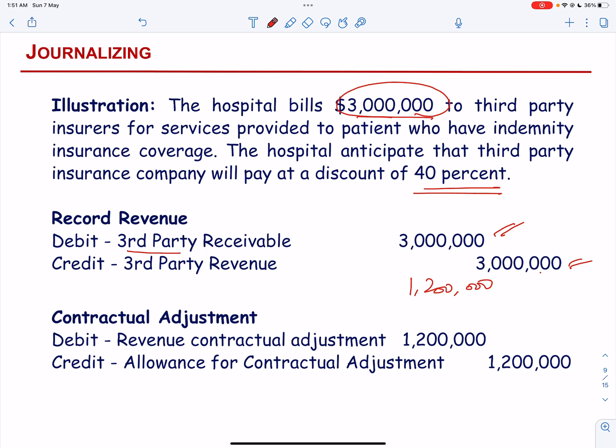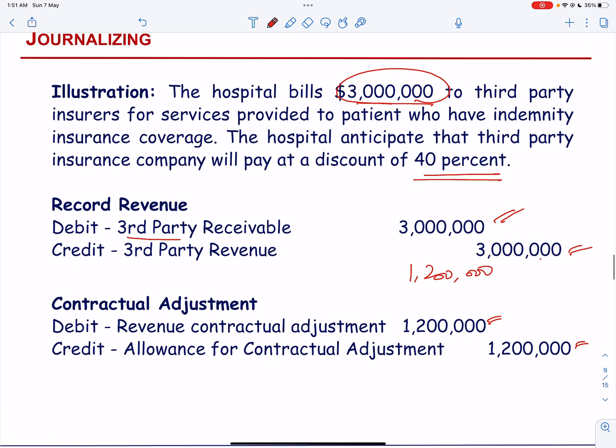So the contractual adjustment will be for 1,200,000 and the allowance for contractual adjustment will be 1,200,000. Let us look into another example.